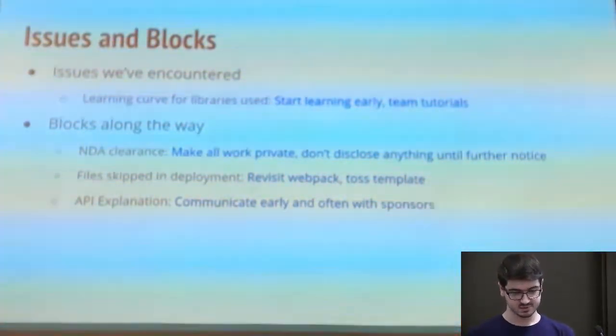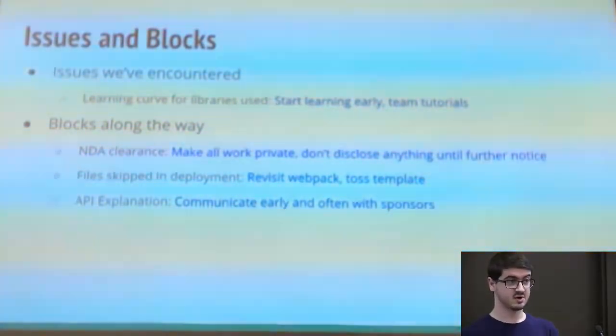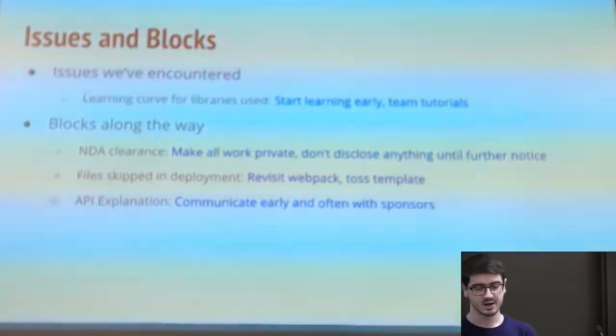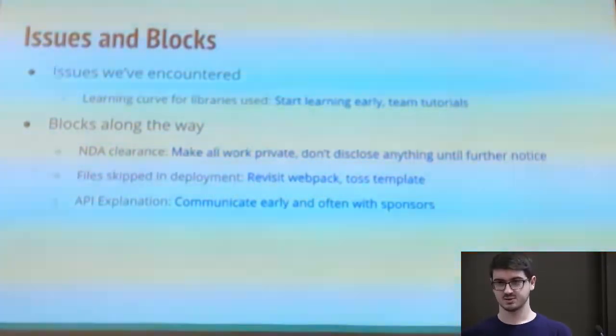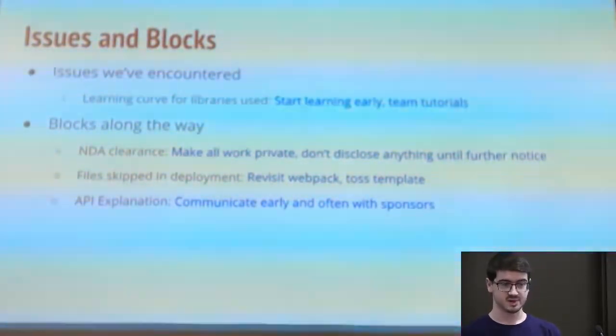It made it more smooth. And for the API, we really tried to communicate very early and often with our two sponsors, 4D and DXC, to really understand the JSON responses and what some of that jargon and those acronyms meant.